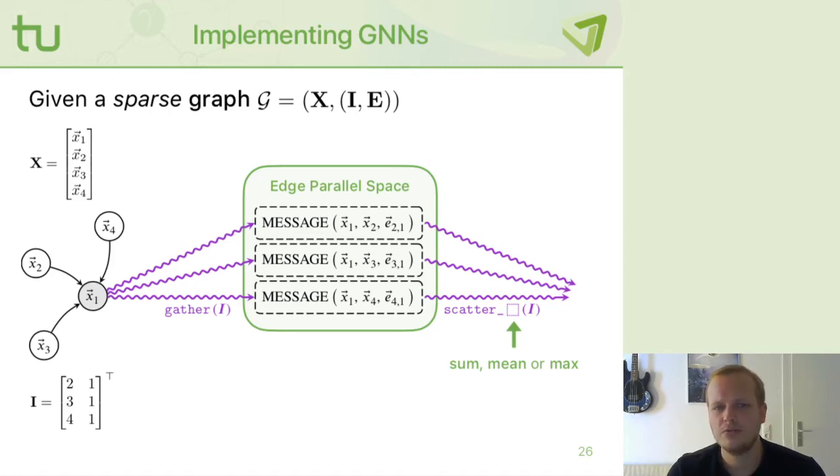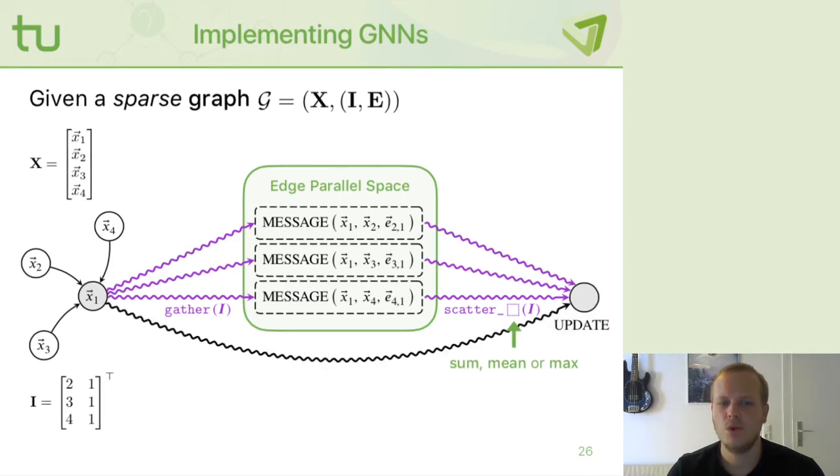The scatter operation provides different reduce functionalities, and we may have the option to aggregate messages based on taking the sum, taking the mean, or taking the maximum of values.